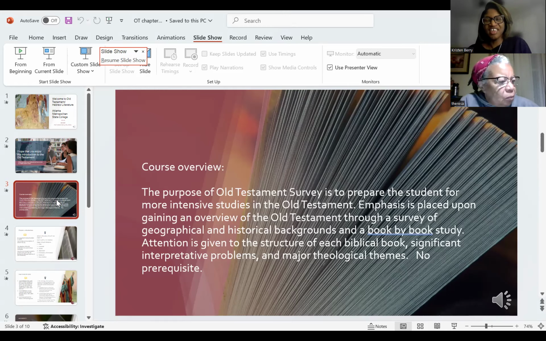Now, when we talk about this Old Testament survey, we don't have the time to get into every book and every chapter, so it's not like a Bible study. What we do is look at the Old Testament, and I tell my students we look at it through the back door.